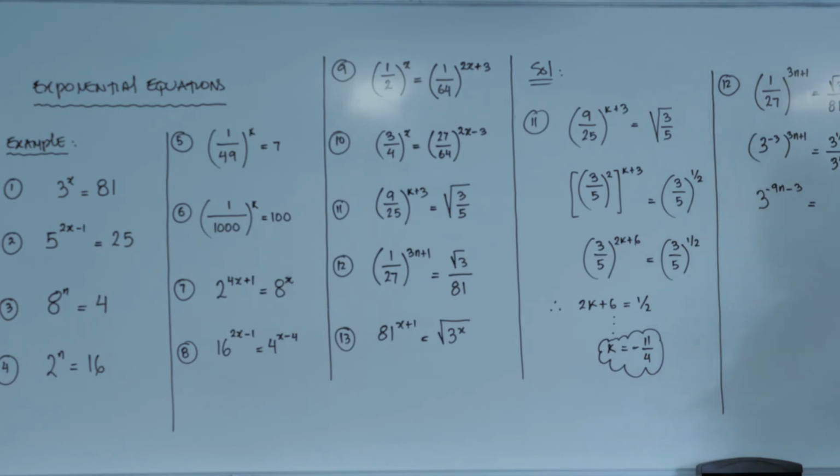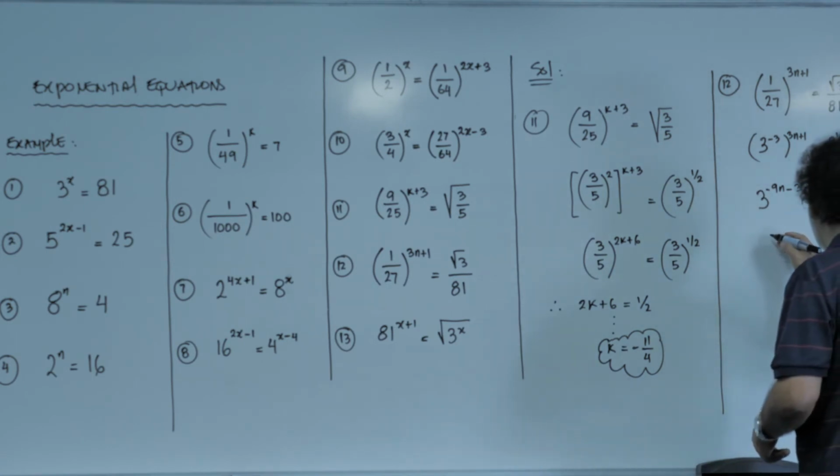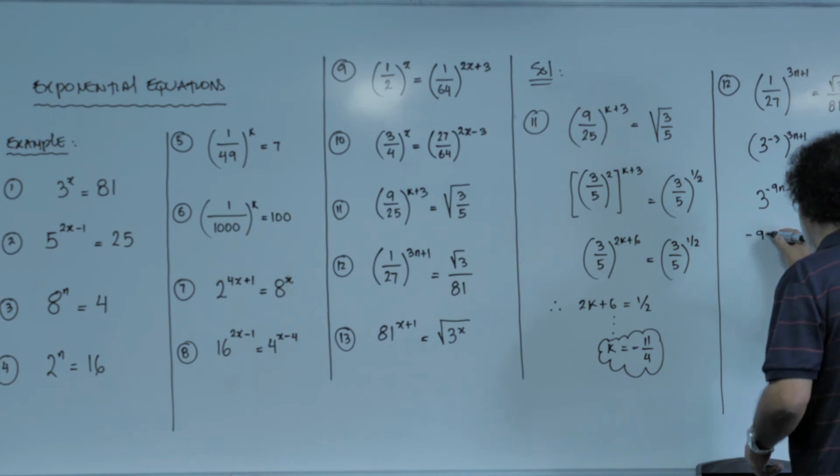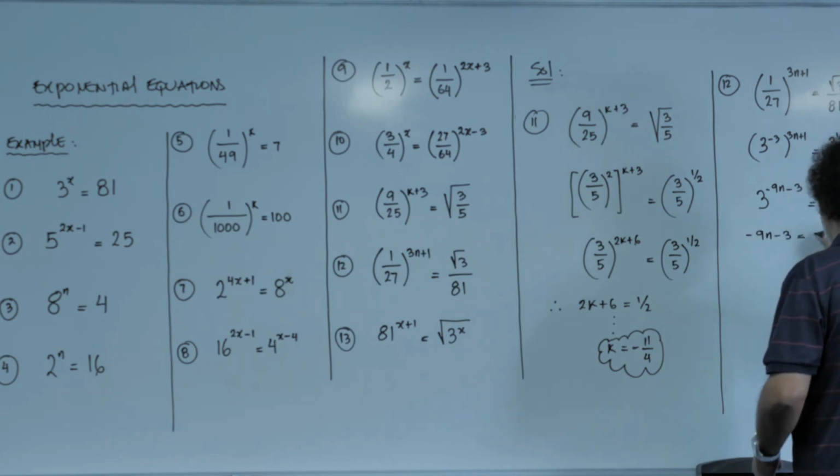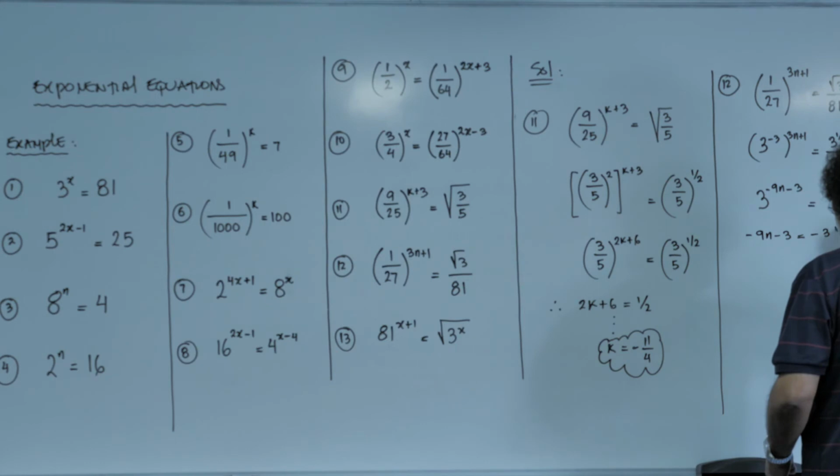What's the answer for half take away 4? Right? Can you see how after a little bit of manipulation you can reduce these two sides to the same power? Okay, and then we're going to have negative 9n minus 3 is equal to negative 3.5.